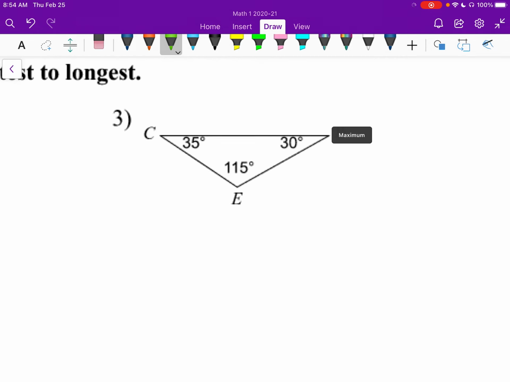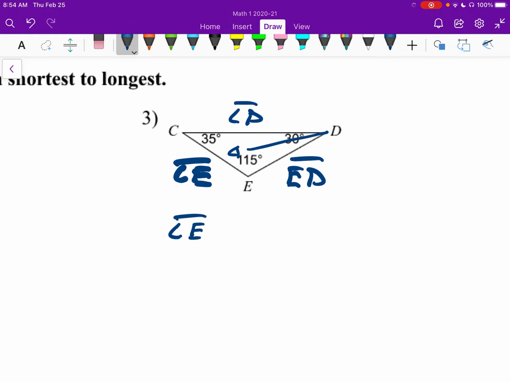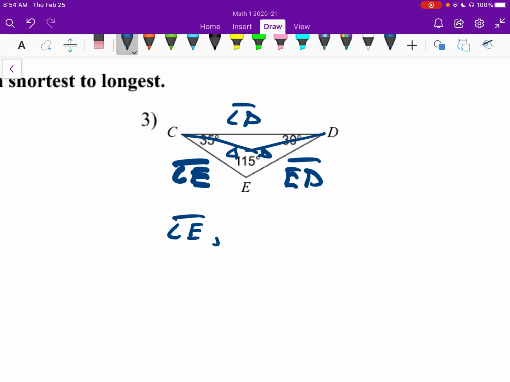All right, number 3. Again, I'm going to first draw in all my sides. So I have CD, CE, and ED. Our smallest angle is 30. Opposite the 30 is CE. Next up we have 35. Opposite it is ED.